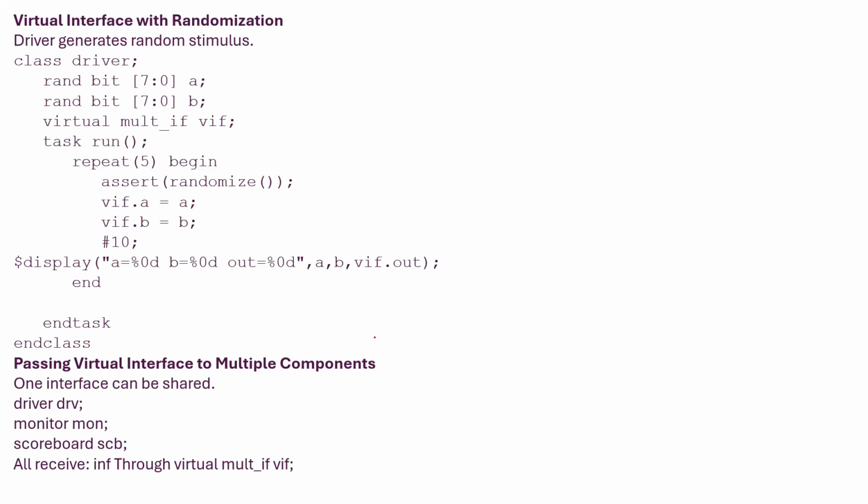Okay. So in task run phase, I am setting the randomization. Then whatever the signals we are driving through virtual interface, all the signals should be randomized. Okay. So based on that, different values will be generated because you are repeating 5 times. Then 5 different values will appear because you are randomizing the signals.